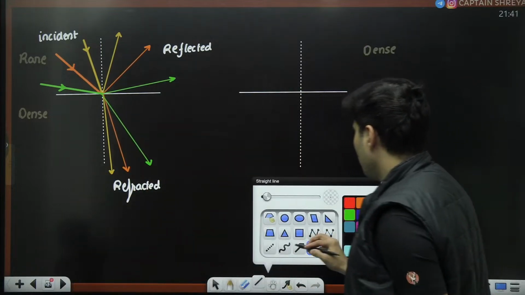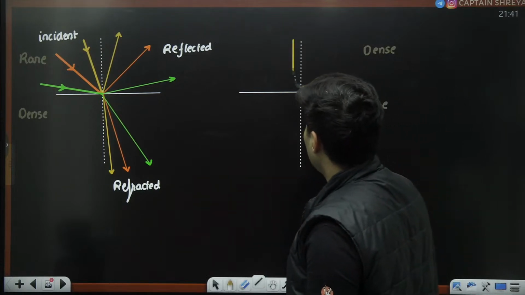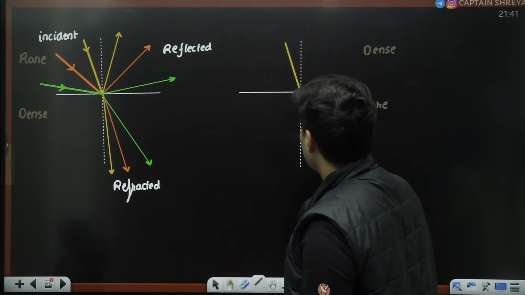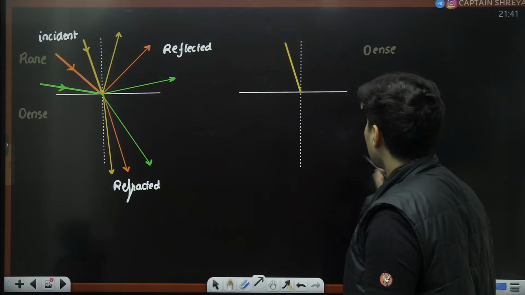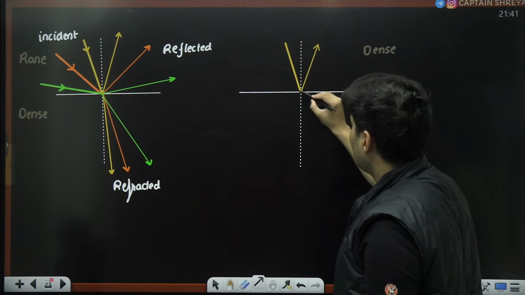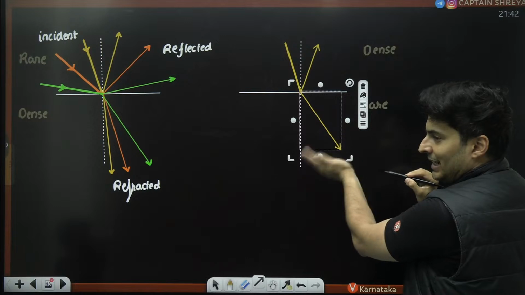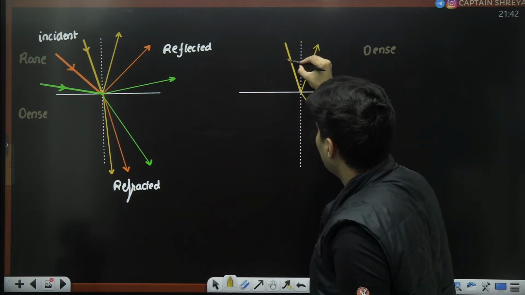Now here comes the big problem. See, let's choose a small angle first, just like before. If the light comes in at a very small angle, a part of it obviously will get reflected like this, and part of it will get refracted, but it will go away from the normal. So mind it, it is going away from the normal, correct? So this is how it will go.